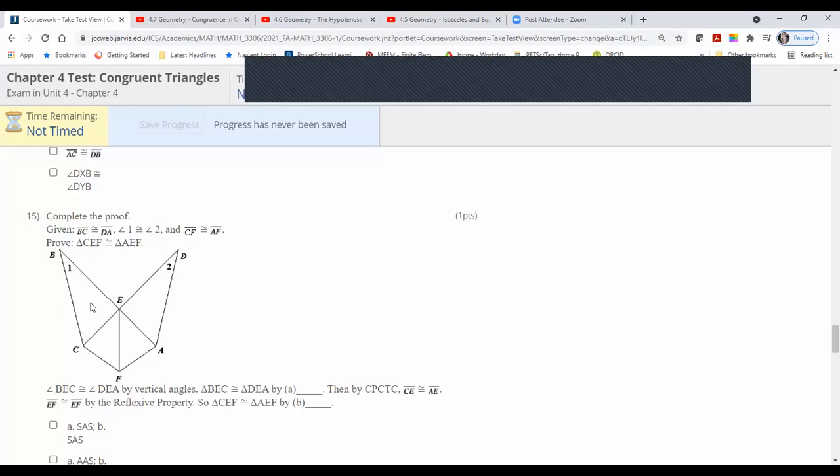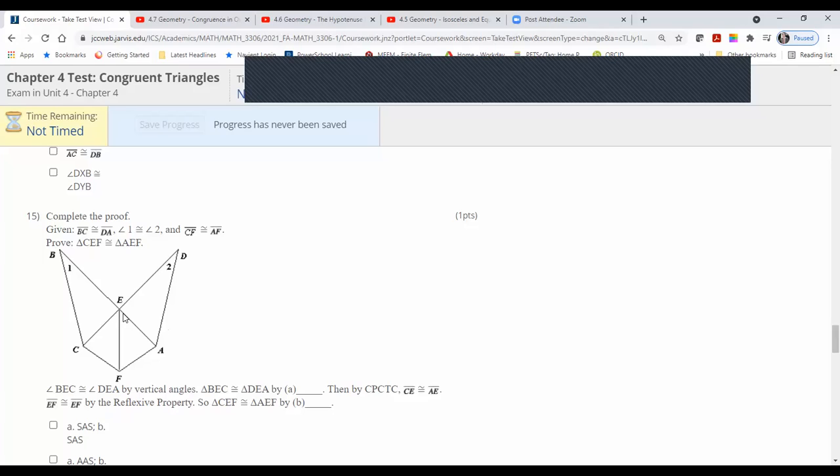by what? Side angle side, right? Or angle side. I think angle side, right? Because this angle is congruent with this one, and this angle is congruent with this angle, and this side is congruent with this side.